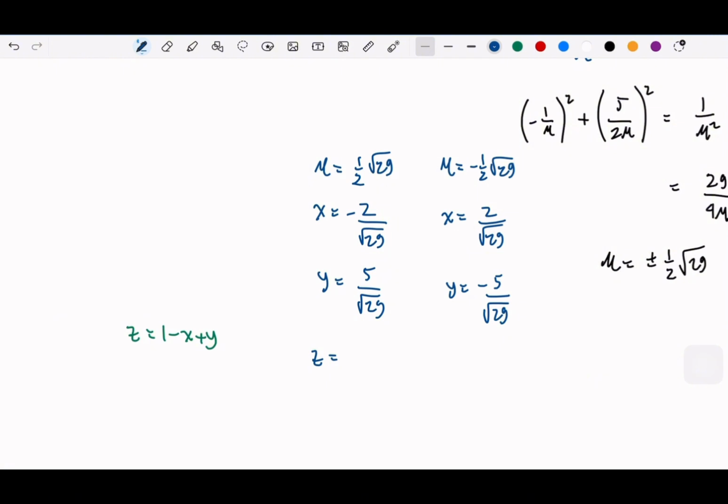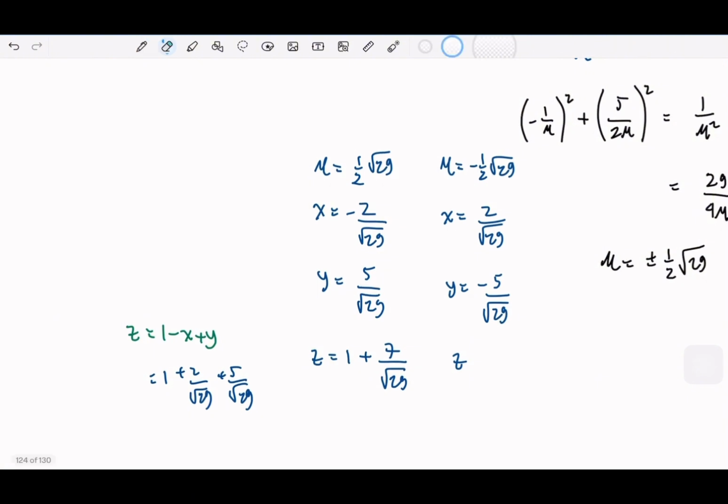So 1 plus 2 plus 5, so 7, right? So 1 plus 7. And this will be equal to... the second one is negative 7, right? So 1 negative 7.